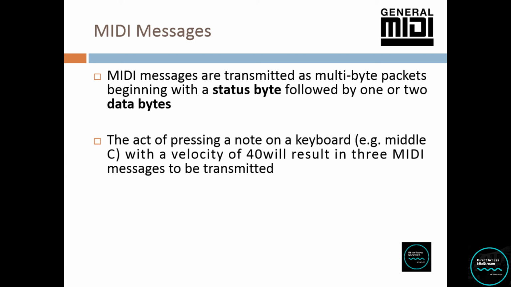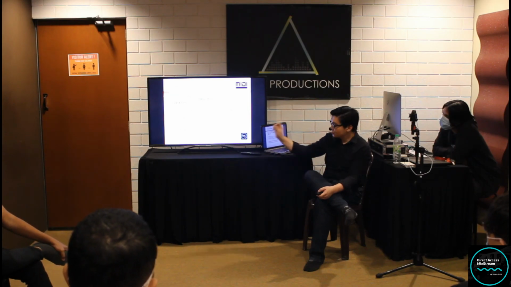What it does when you do that, it's actually 3 messages. It sends a MIDI message number 90, which represents note on or note off. You press it down, it sends a MIDI message 90 telling note on. When you let go, note off. Then it also sends another message, 3C.